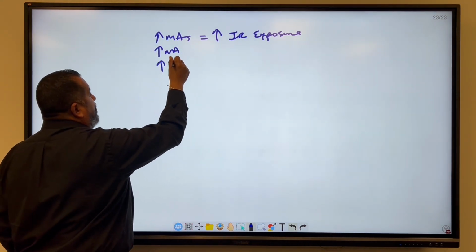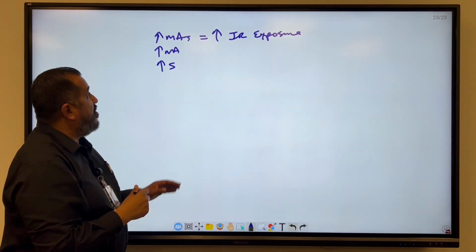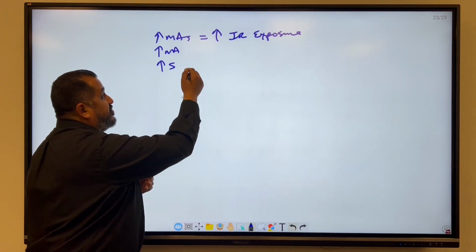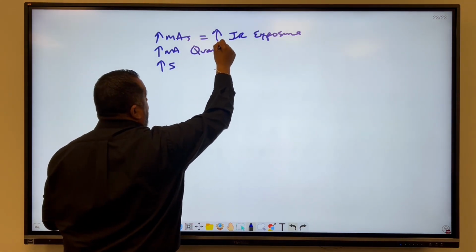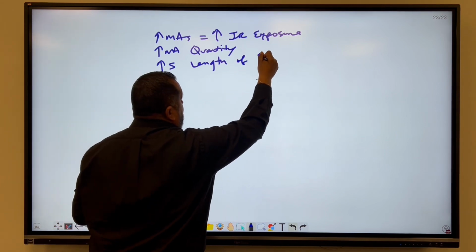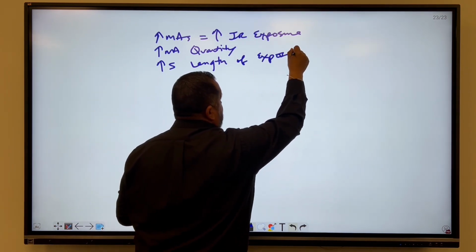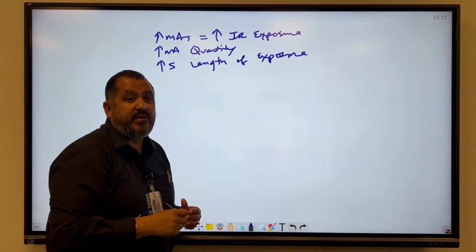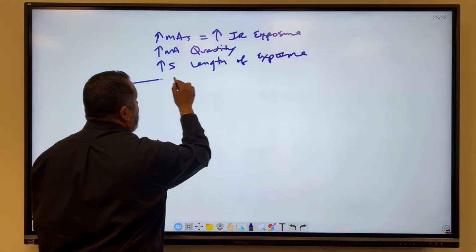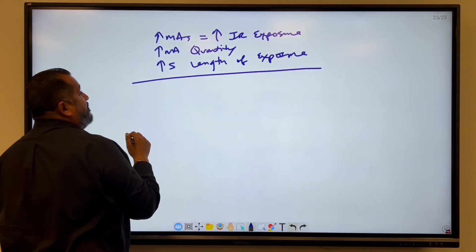If you make your time longer, you go up in time. All of this is gonna increase your exposure because you're increasing either the quantity or the length of exposure. So if you do any of these two things, you're gonna increase the amount of exposure recorded by the receptor, correct?